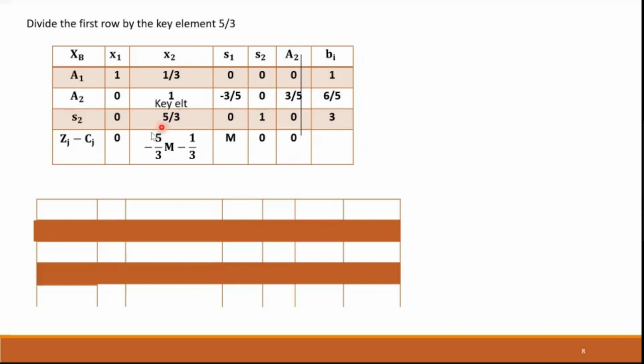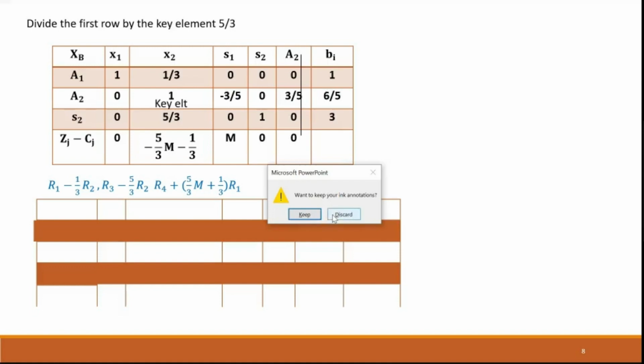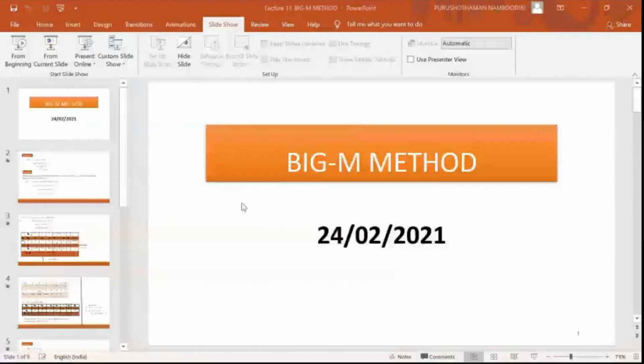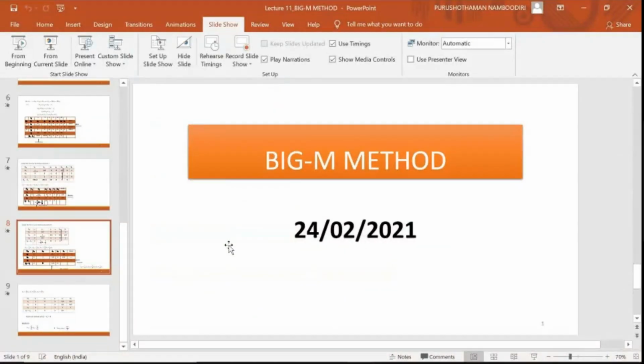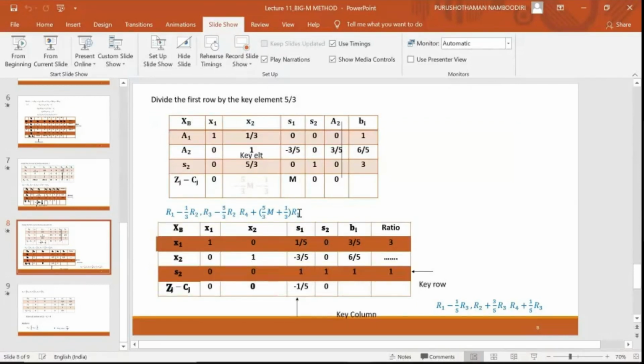Okay, so now use the row transformation, make these 3 elements 0 using this element 1. So it will be R1 minus 1 by 3 R2, R3 minus 5 by 3 R2, and R4 plus this into R2. This is R2, not R1.